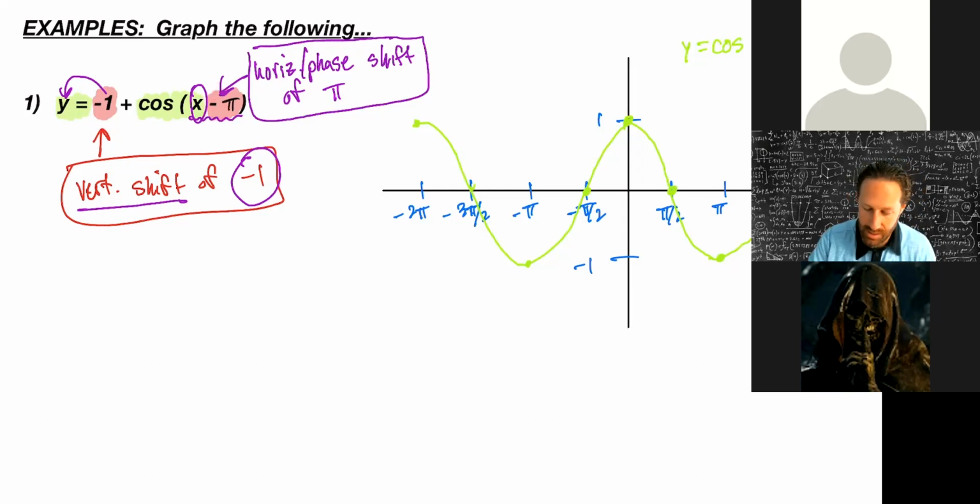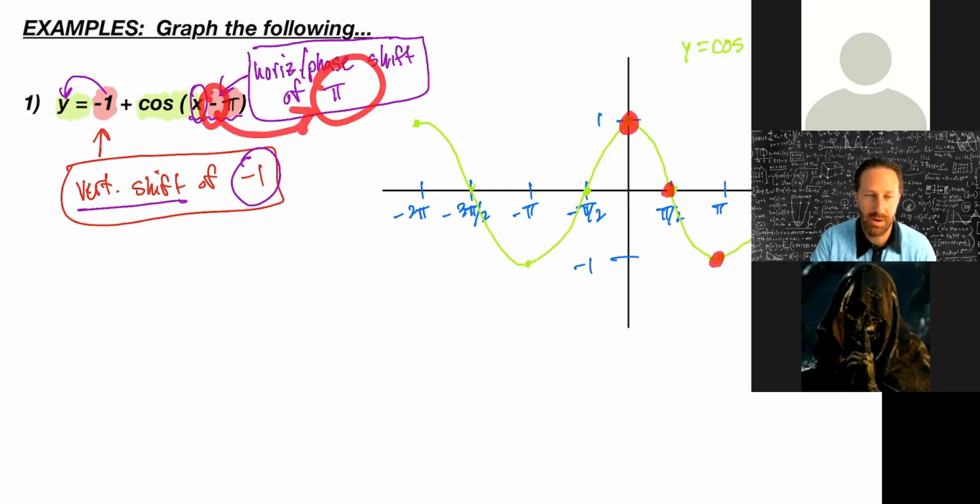So that means we're going to take all of our 1, 2, 3, 4, 5 key points, and we're going to shift them all what? Right pi. How do I know right? It's positive.